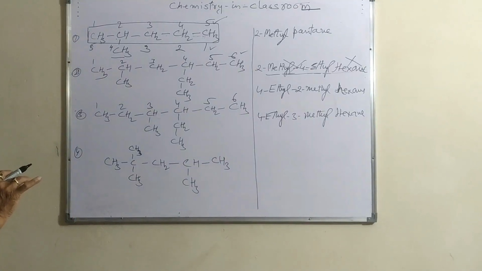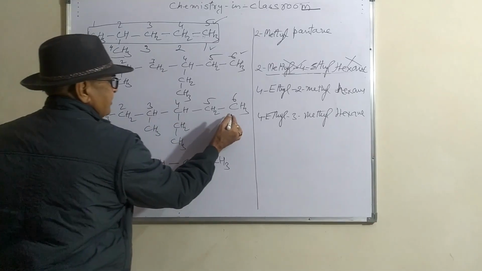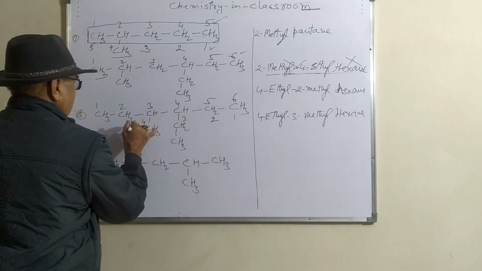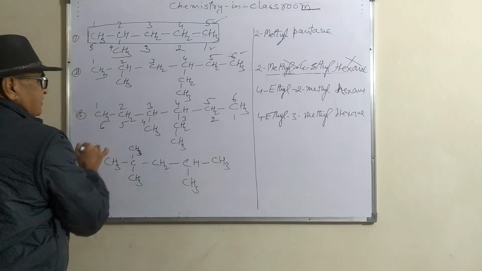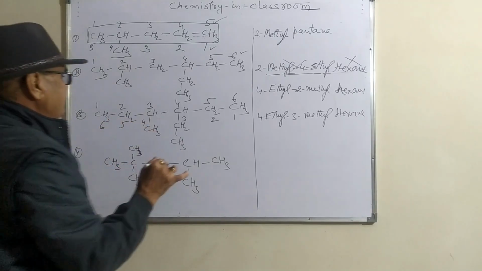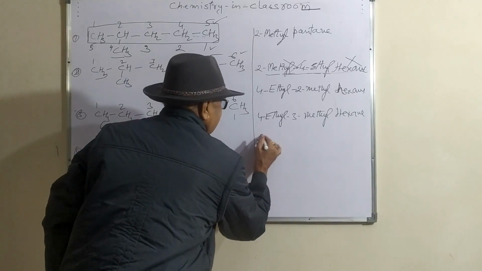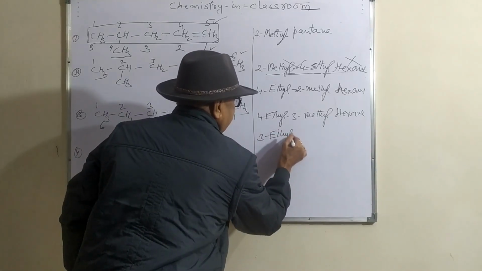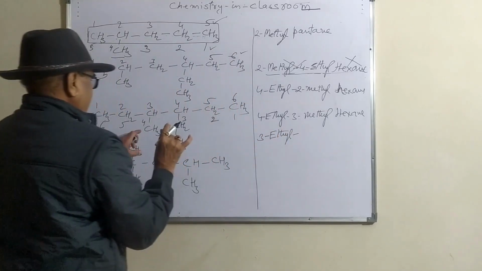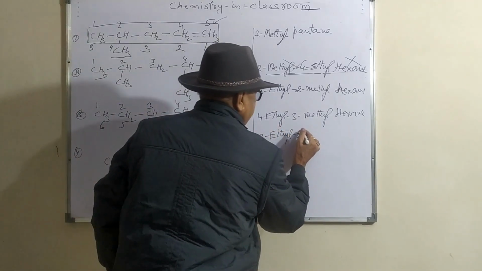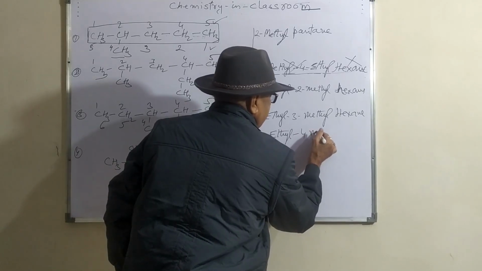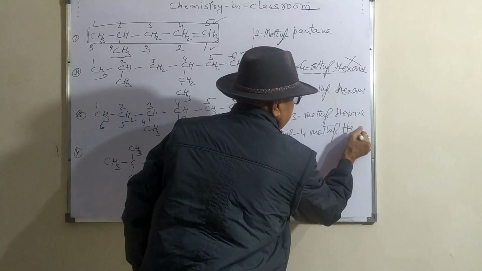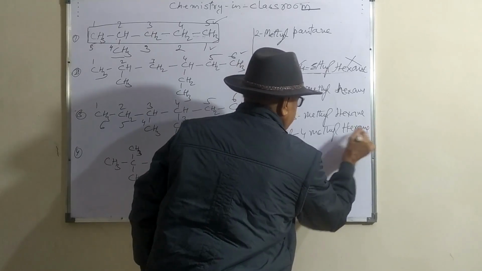But again, if you start the numbering from this end, 1, 2, 3, 4, 5, 6, the name of this compound will be 3-ethyl 4-methylhexane.